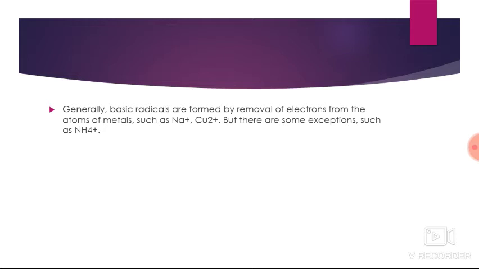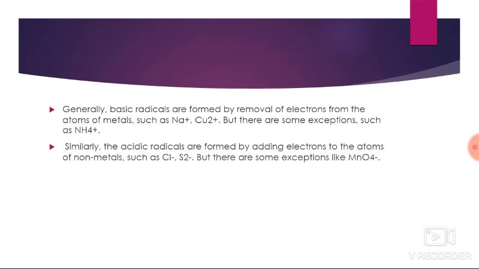NH4 is ammonium. Similarly, the acidic radicals are formed by adding electrons to the atoms of non-metals, such as chlorine, sulfur, S2-, but there are some exceptions like MnO4-.